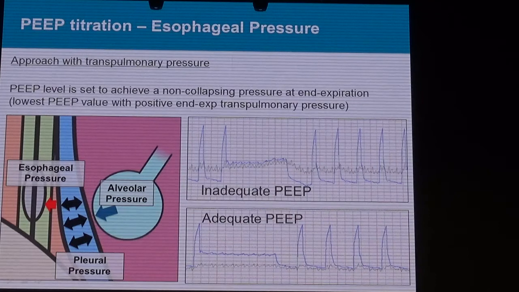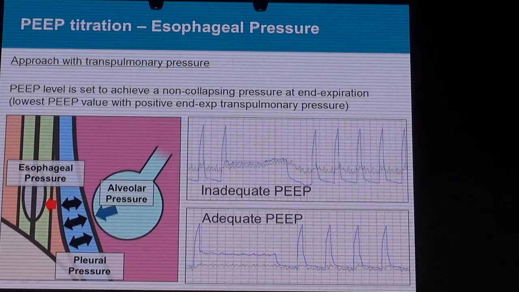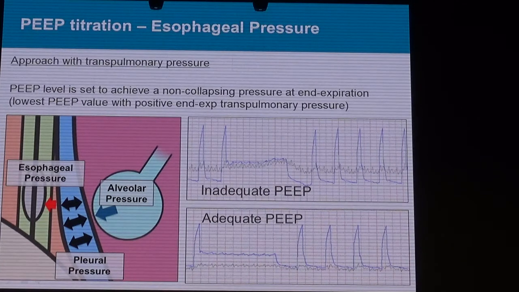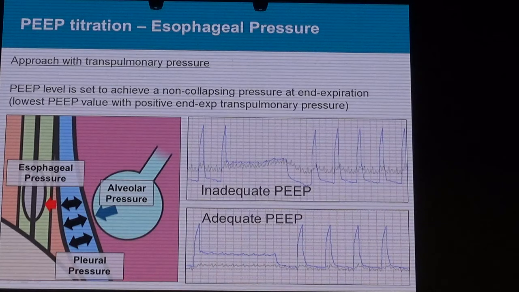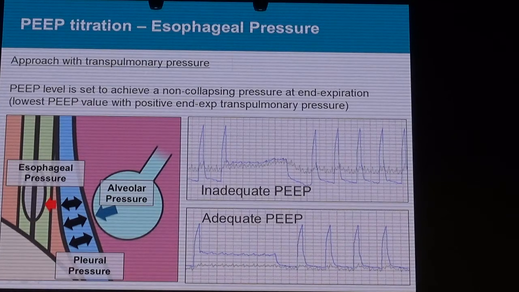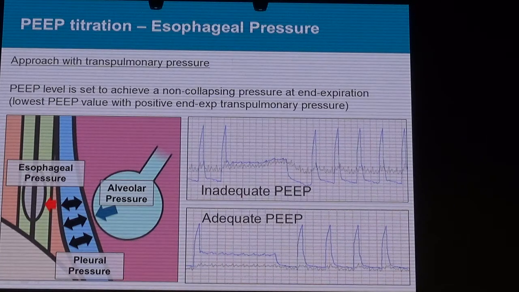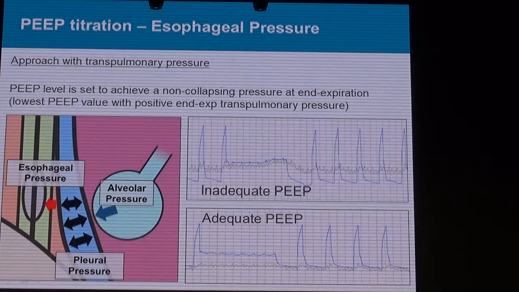So how do we measure adequacy of a PEEP titration? As you can see in the upper quadrant on the right, there is a blue line, which is the ventilator airway pressure, and then there is the esophageal pressure, which is the black line. What it shows is that at the end of exhalation, the pleural pressure is higher than the airway pressure, and at the end of inspiration the airway pressure is just above the pleural pressure, suggesting that the transpulmonary pressure is negative at the end of exhalation.